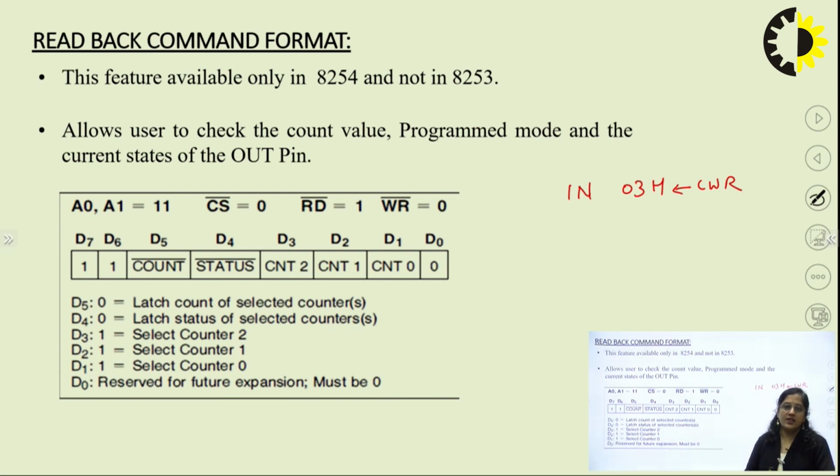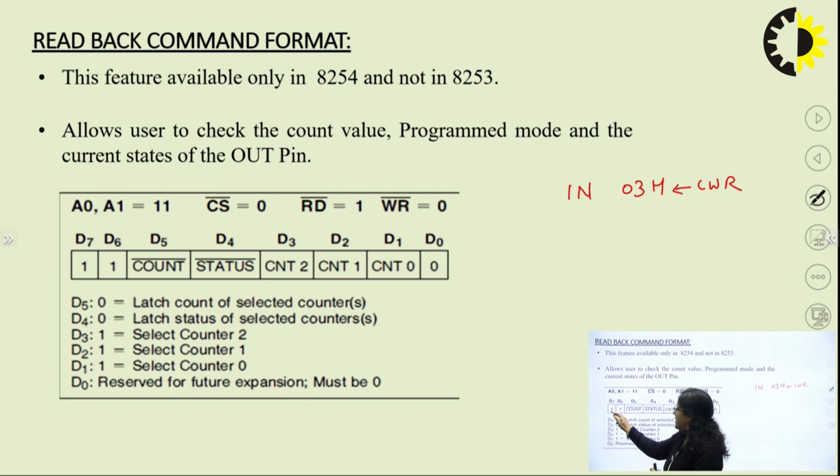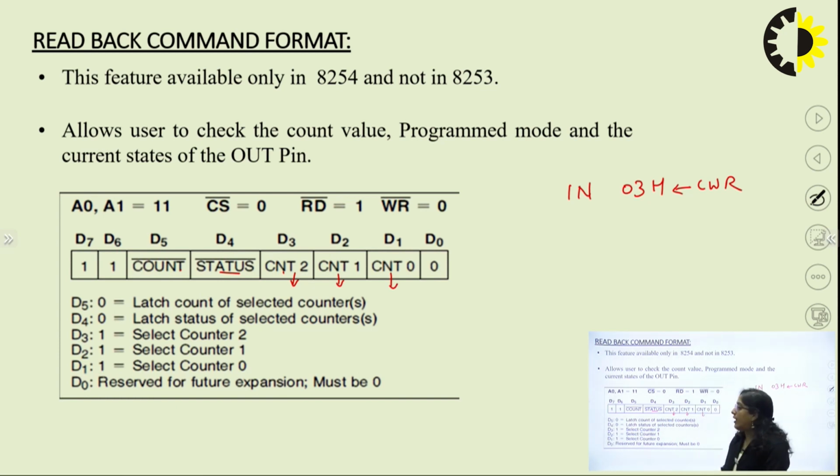That content will be available to us in the accumulator, and from the accumulator we can observe the bits. If the D7 D6 bits are high, then it is the readback command. Bit D5 is count and D4 is status. D3, D2 and D1 are related to counter 2, counter 1 and counter 0, so we have to select which counter we want to read the data from. From here we can latch the selected counter value and read the data from that particular counter.